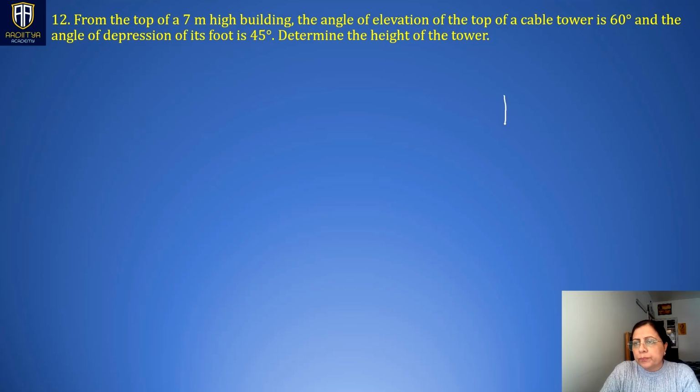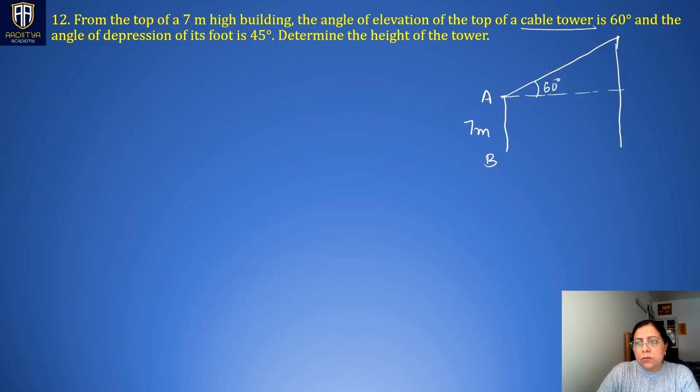From the top of a 7-meter high building, let AB be the building which is 7-meter high. The angle of elevation, that means when you are standing at the top of the building, you are looking at the top of a cable tower. That means it is higher in altitude.